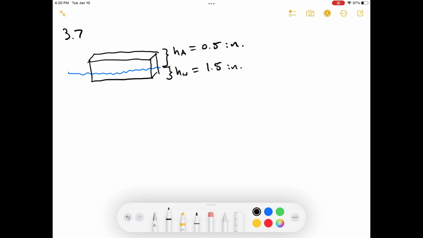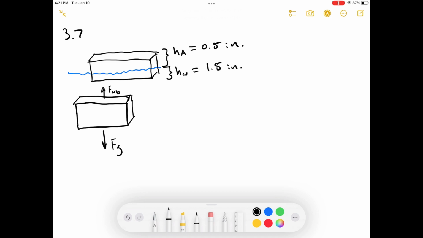Okay, so now it's time for us to draw out the force balance and also to make some assumptions. So we're doing a force balance. Let's draw our block once more, but this time we'll draw it with the forces on it. So there's the force of gravity, and there's the force of the water buoyancy.